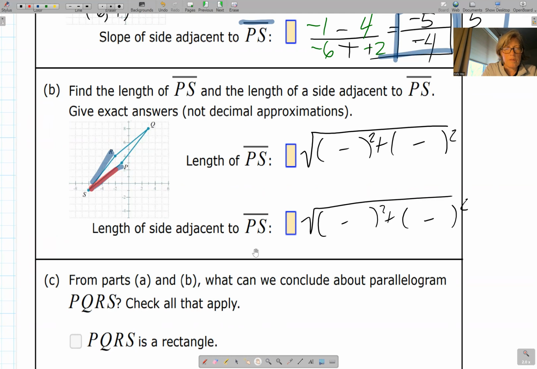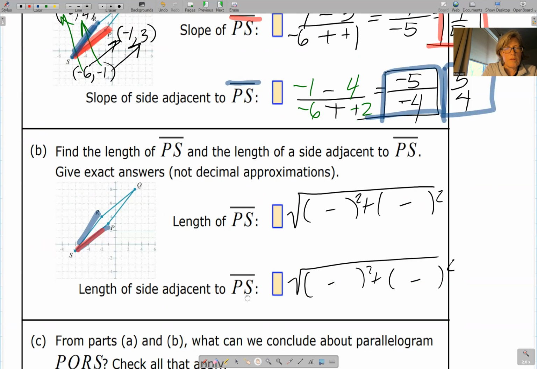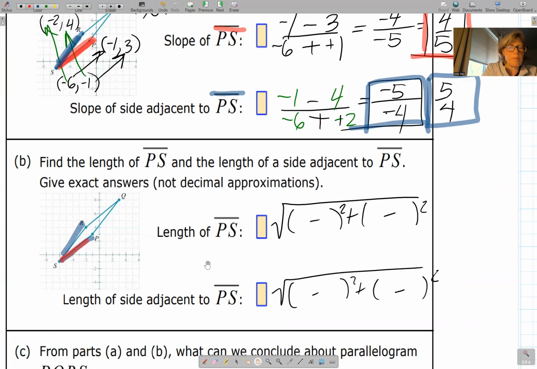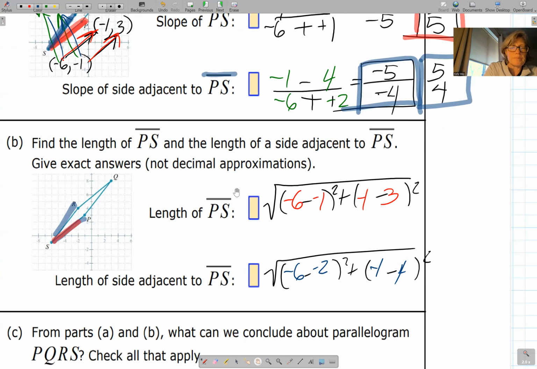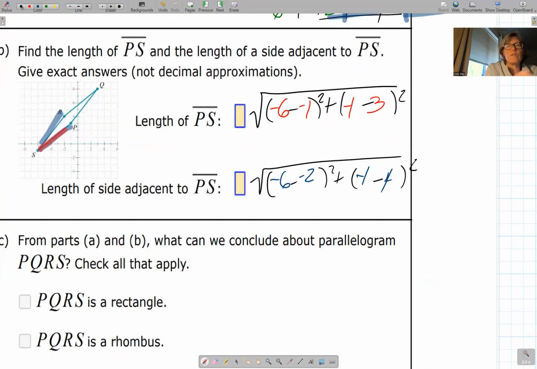And pulling the numbers from up here. We go x minus x, negative 6, negative 1. Y minus y, negative 1 and 3. X minus x, negative 6, negative 2. Y minus y, negative 1 and 4. And you do the math.